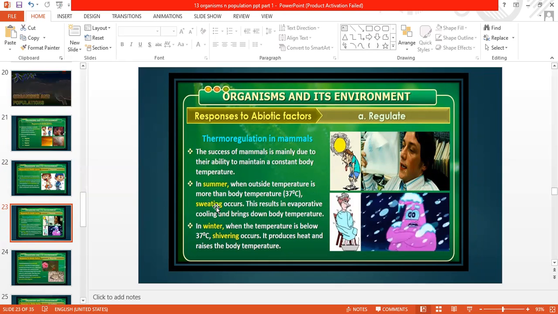Humans sweat. This results in evaporative cooling and brings down the body temperature. And in winters, when the outside temperature is much lower than the body temperature, we shiver. Shivering is a type of exercise that produces heat and it raises the body temperature.